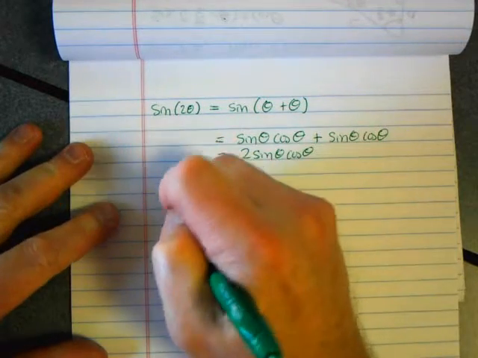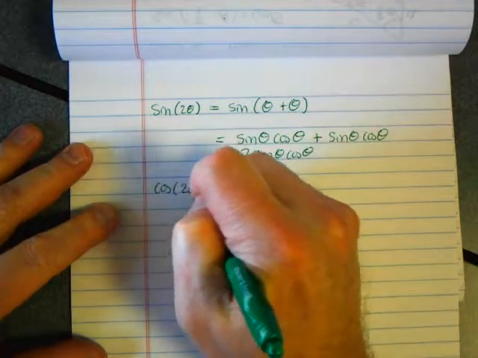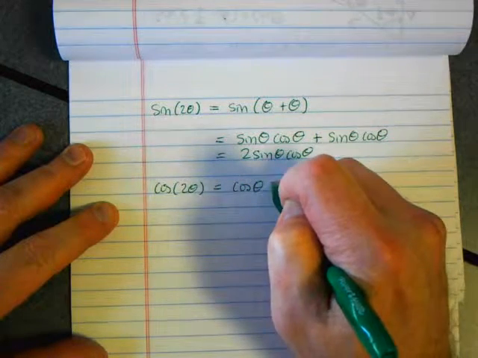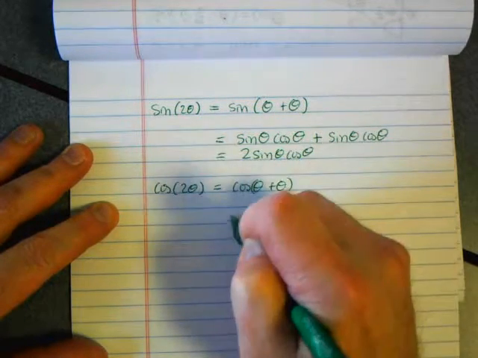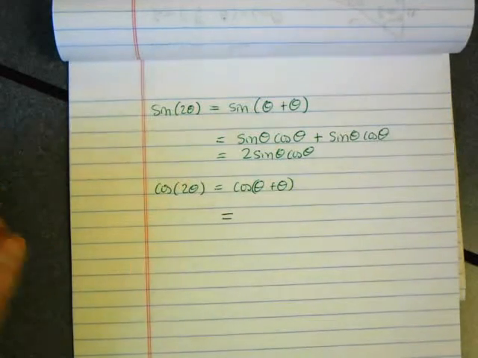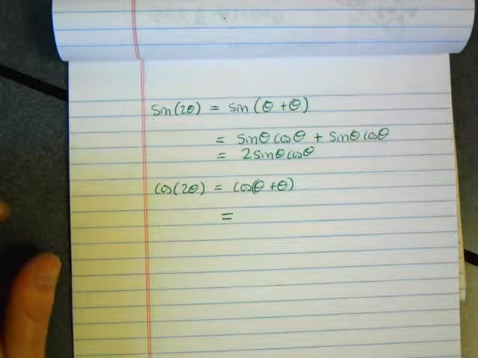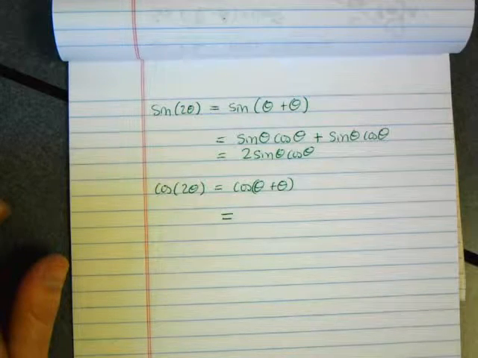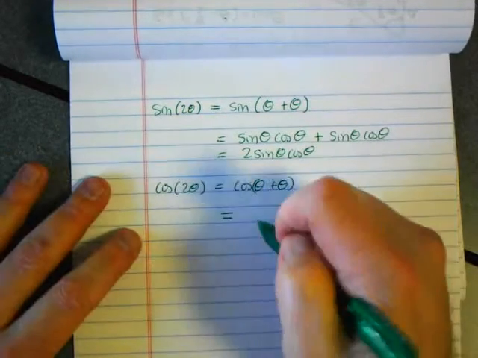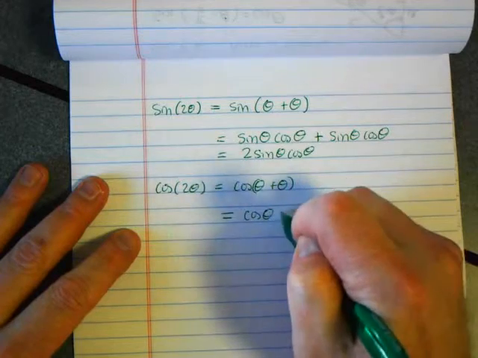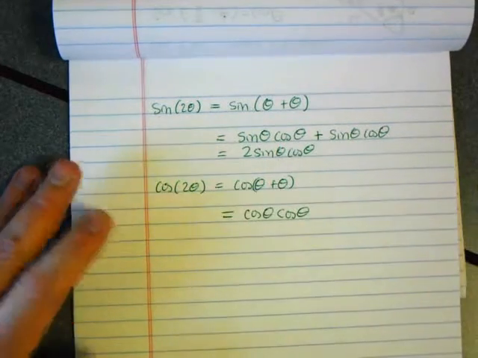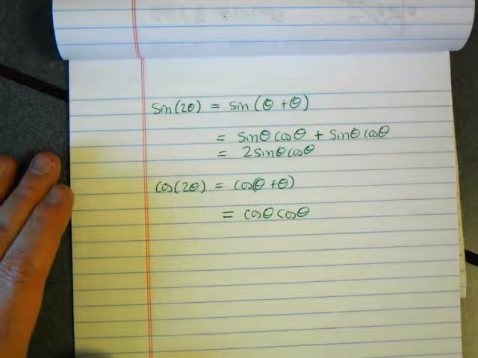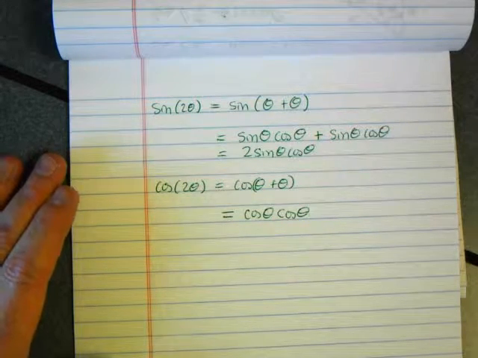And then let's do the same thing for cosine of 2 theta. We would write that as cosine theta plus theta. And how's that formula work for cosine? It goes cosine, cosine. So that's going to be cosine theta cosine theta.